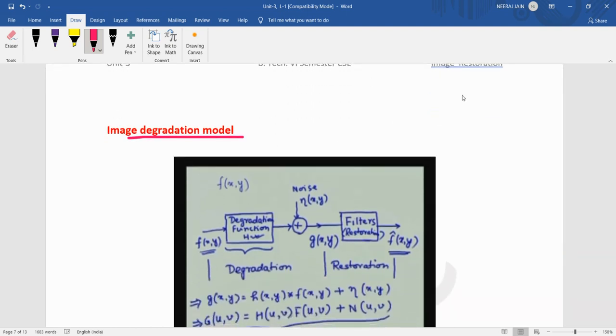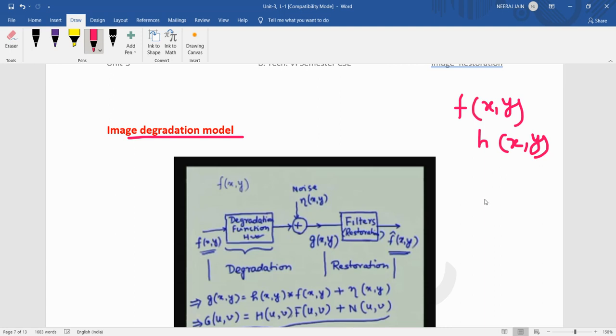Suppose there is an image given by f(x,y), that is the given two dimensional image, and the degradation function is denoted by h(x,y).